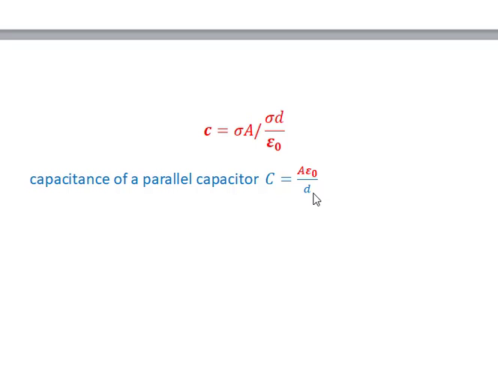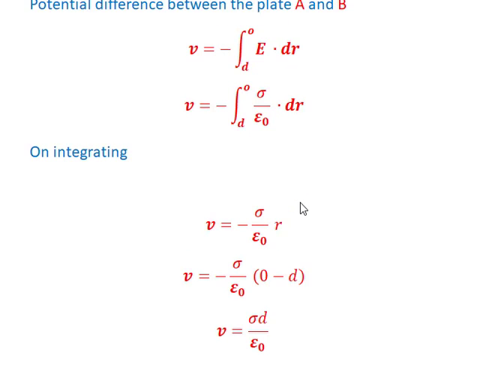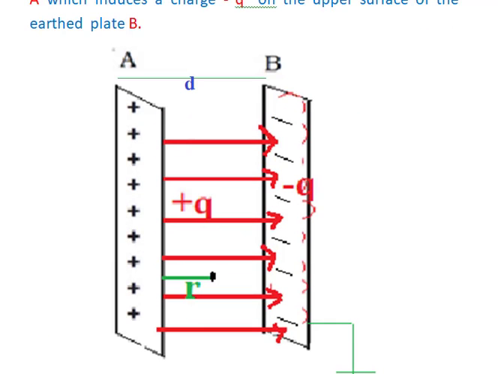If the distance between the two plates increases, the capacitance decreases. The capacitance of the parallel plate capacitor increases when the surface area increases and the permittivity increases. The capacitance decreases when the distance between the two plates increases. So that is the capacitance of a parallel plate capacitor.